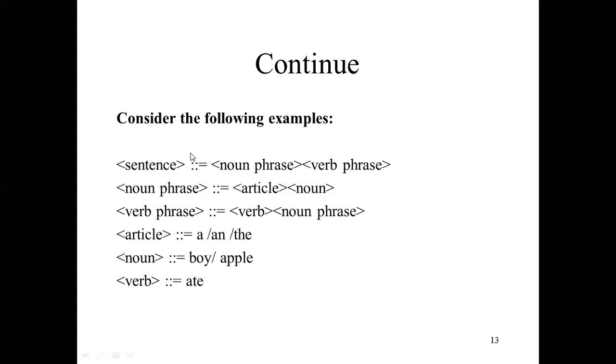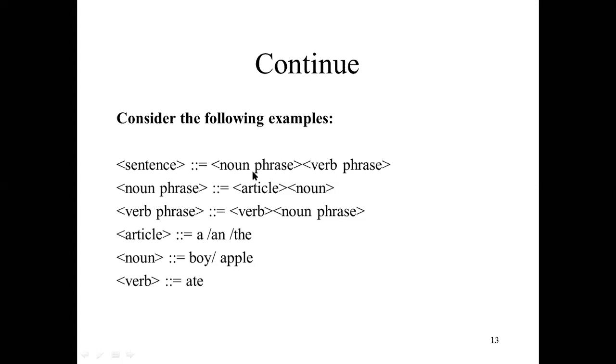This is called the production symbol, the equivalent sign. Now we are going to break sentence into noun phrase and verb phrase as per English grammar.